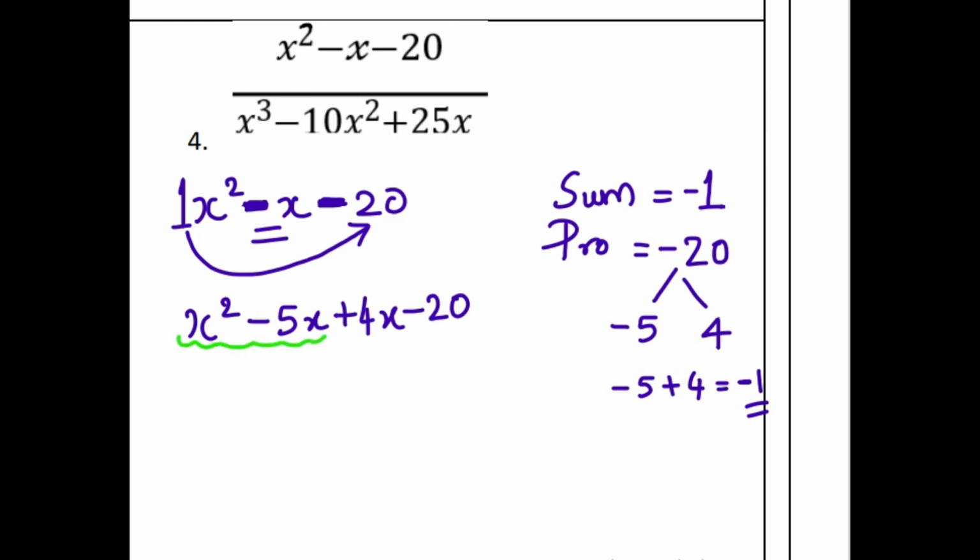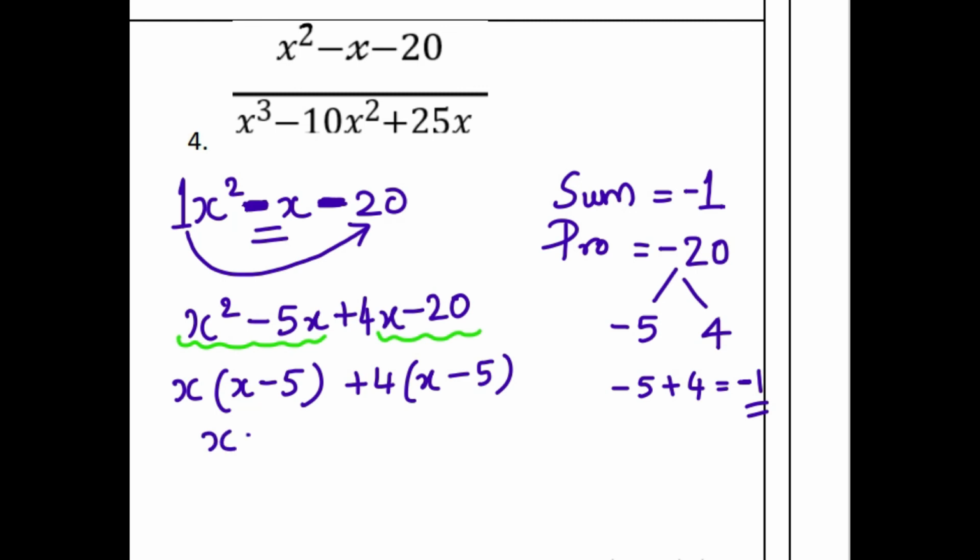I have 4 terms, so let me group them. I will be taking x as a common factor here. I have x minus 5 plus 4, and it's an x minus 5 here again. And my final answer will look like x minus 5 times x plus 4.